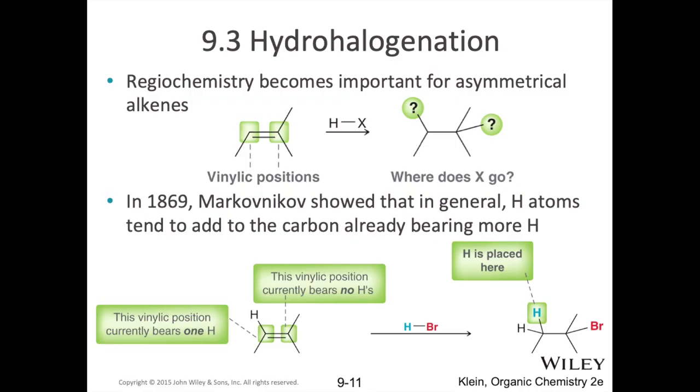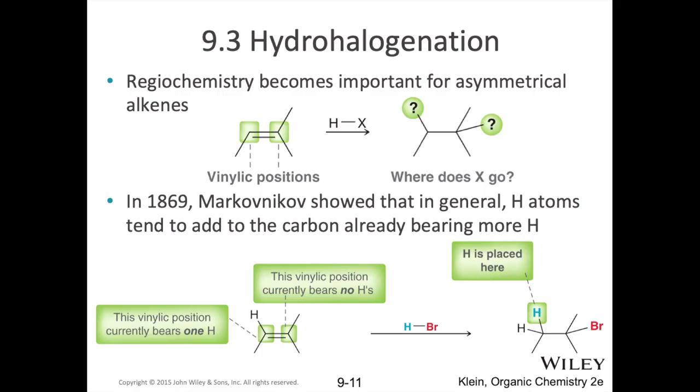Okay, so like I said, the regiochemistry is going to be important for distinguishing what products we make. In that previous example we had a symmetrical alkene, so it didn't really matter. But if we have an asymmetrical alkene, we need to know which type of product we're going to make.